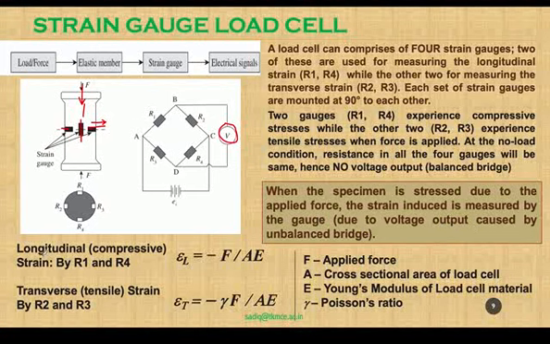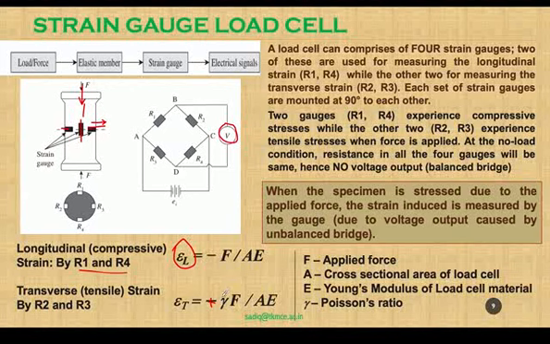In this case, the longitudinal strain developed by R1 and R4 can be computed based on the equation: the strain in the longitudinal direction is minus F by AE, where minus stands for the direction, that is a compressive stress. And the transverse or tensile strain happening on this, tensile is positive.